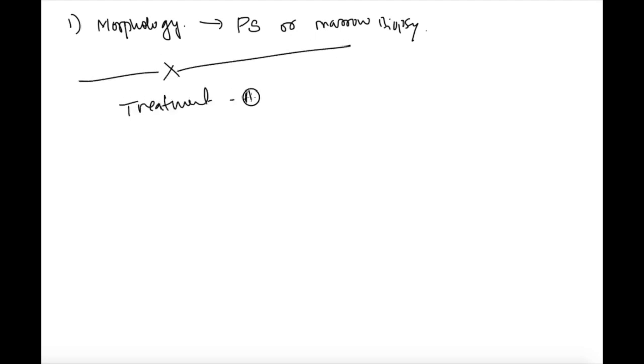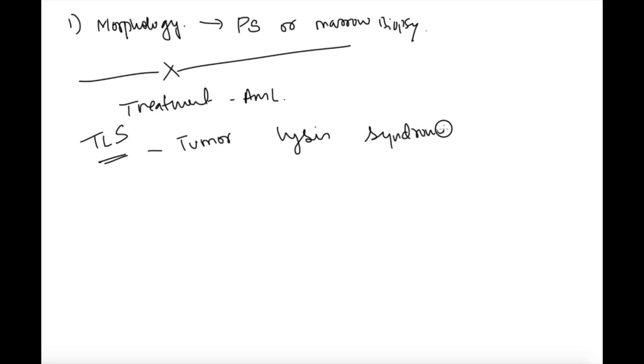How do you treat AML? Now, before we start treating AML, there's one thing that has to be kept in mind. What is that? Tumor lysis syndrome. What is TLS? It is tumor lysis syndrome. So what really happens is that the turnover is high.